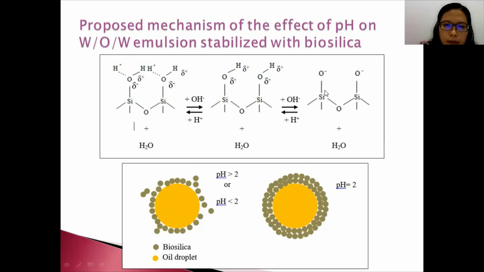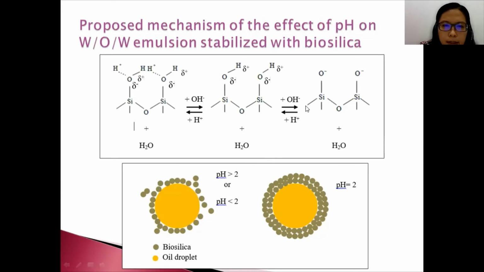So when the silica is negatively charged, the silica particles would repel each other, and they will not agglomerate. So they will make a very sparse formation on the interfacial layer.